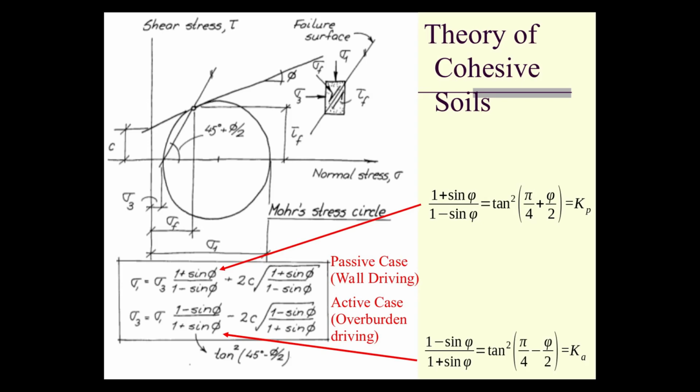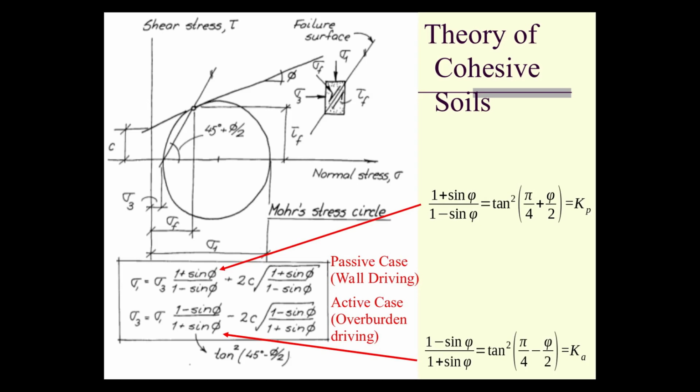And you see that here. You've got the tangent. You'll recognize the tangent squared of pi over 4 plus phi over 2. That, by the way, is the formula in radians. It's equal to 1 plus sine phi over 1 minus sine phi.